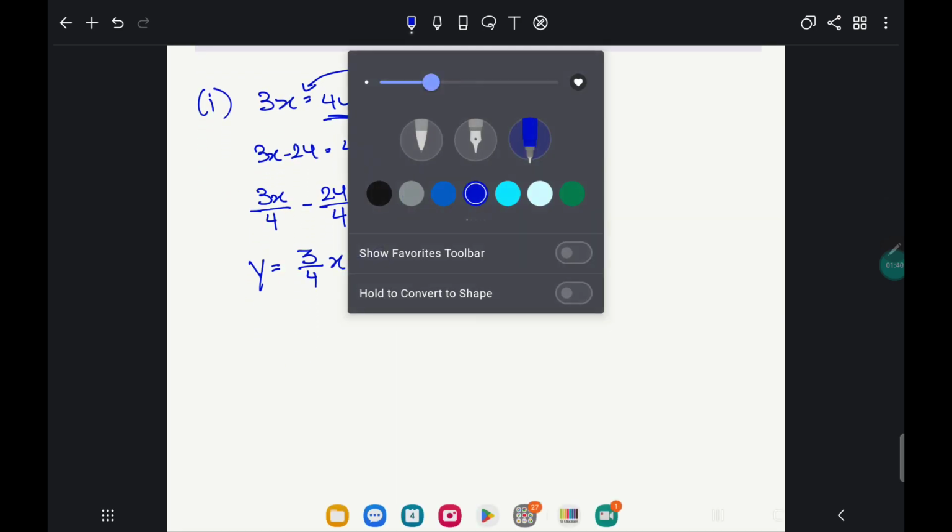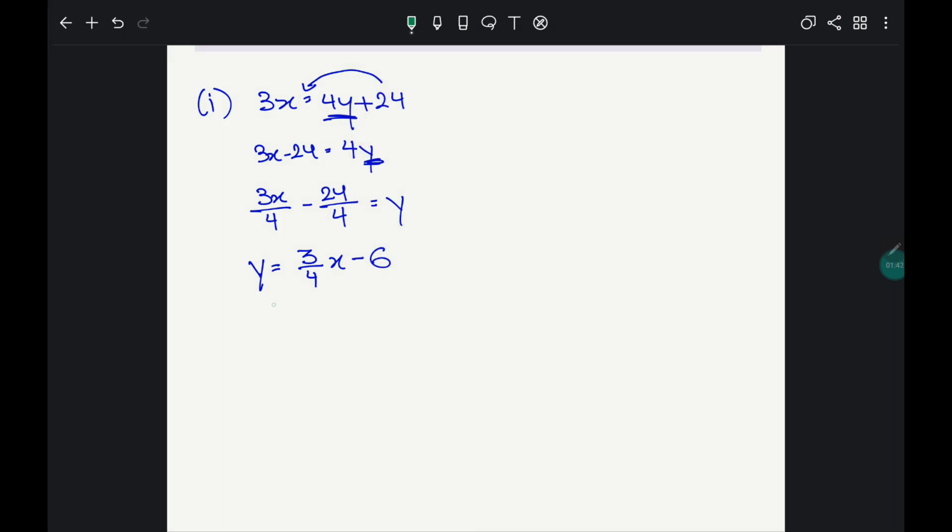If I compare this with the general equation y equals mx plus c, I can see that the gradient is 3/4. If the question happened to ask you for the intercept, it's actually negative 6.